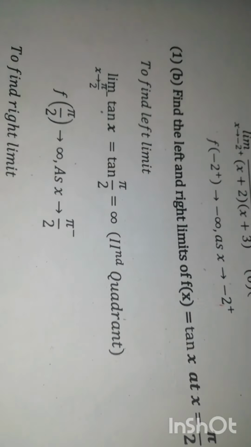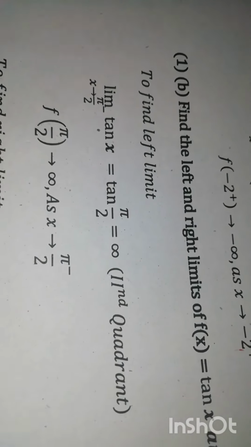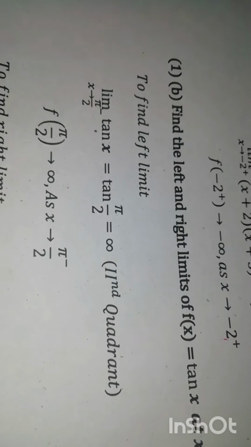Right means more than pi by 2, left means less than pi by 2. So see, tan x, x tends to pi by 2.